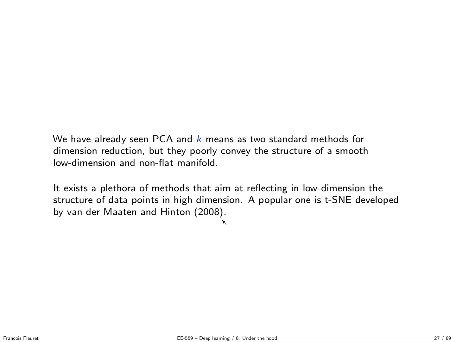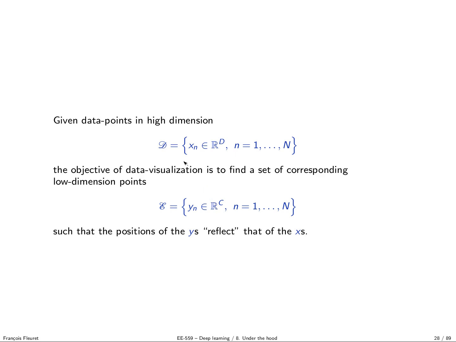And this is the one we are going to use for our experiments. So the idea is that you are given a bunch of points x in a very high dimension space, so hundreds, thousands, or hundreds of thousands of dimensions, and the goal is to associate to these n points as many points y, but now in a very small dimension, like 2 or 3, so that now we can look at this. And the idea is that you want to do this so that geometrical properties of the y's in low dimension will properly reflect the geometrical properties of the x's in high dimension, especially neighborhoods.